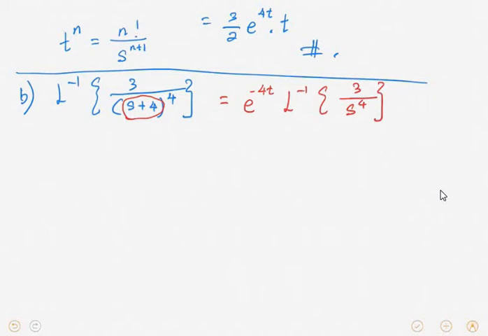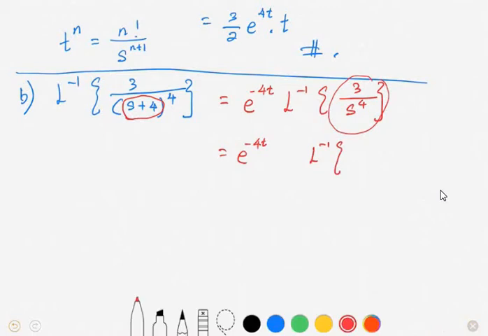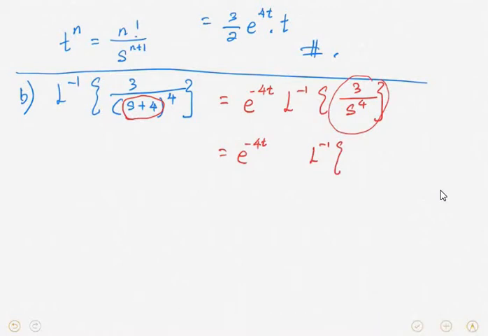As you know, this one is from the t power of n. So we have exponent negative 4t times the inverse Laplace transform. For this part, t power of n, if you have n as 3, it means 3 factorial divided by s power 4.